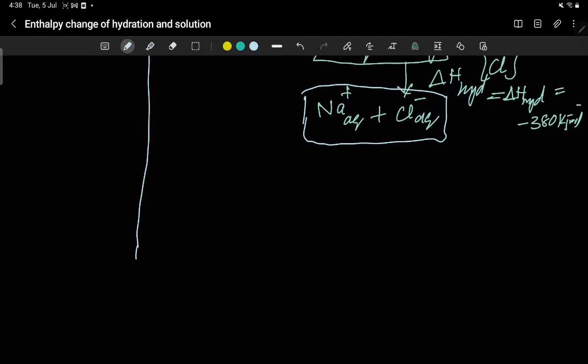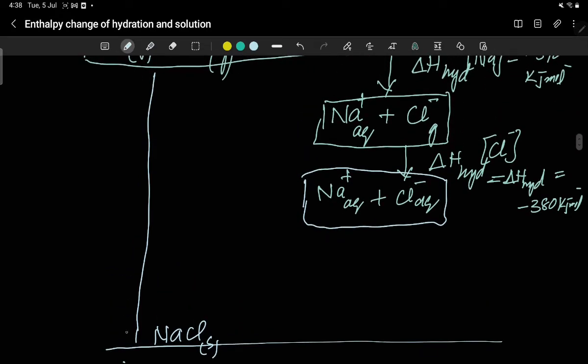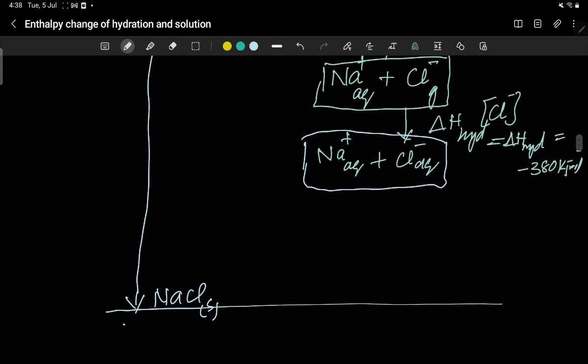Now sodium chloride solid is formed from gaseous ions. So when sodium chloride is dissolved in water, it forms sodium aqueous.